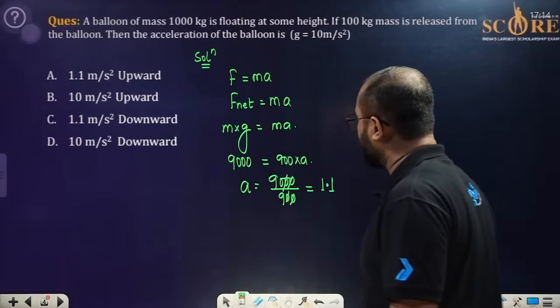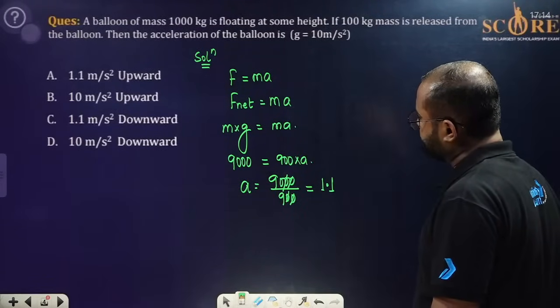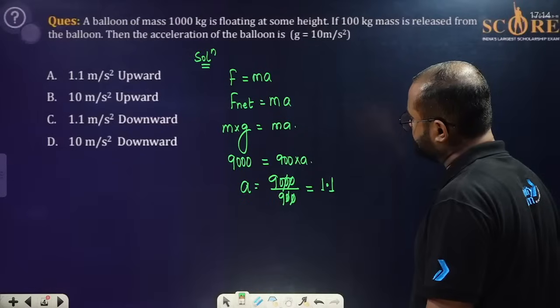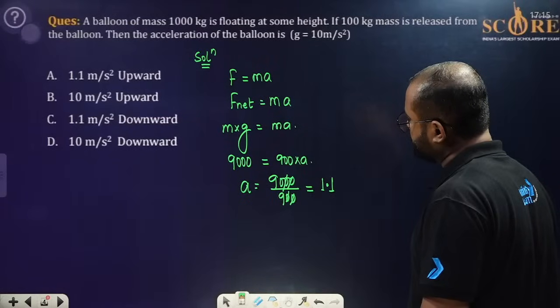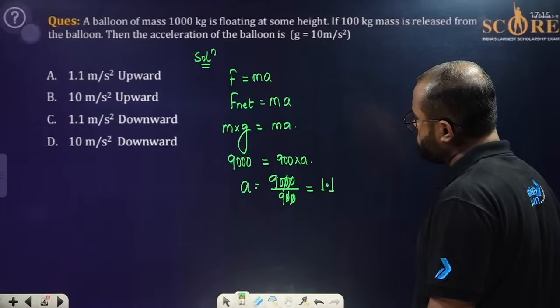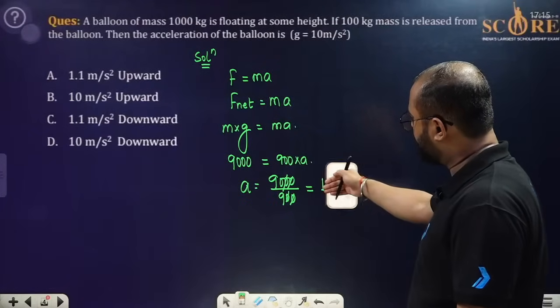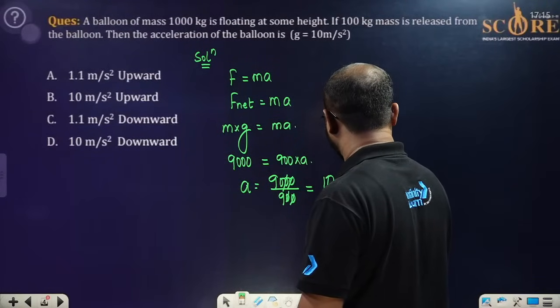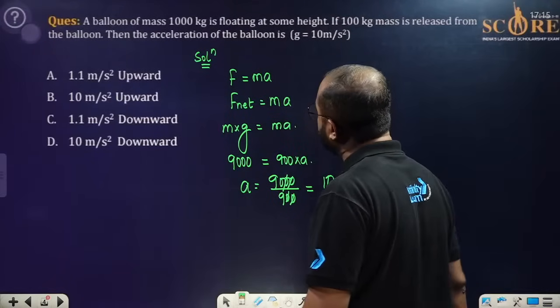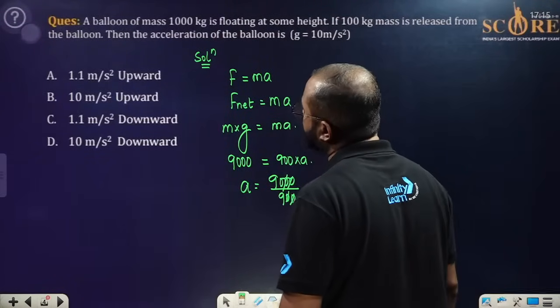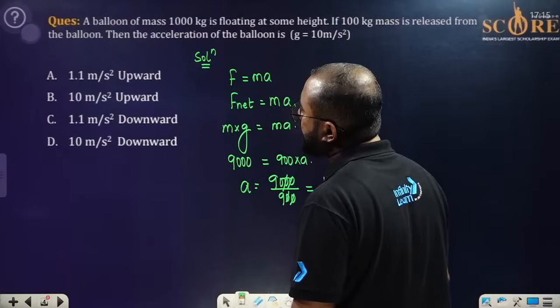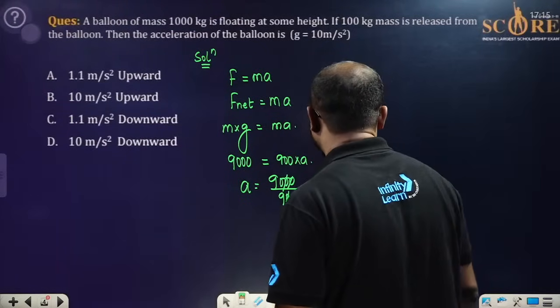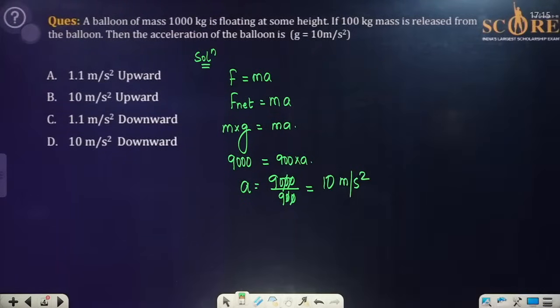No, it is going to be 10 meter per second square. Is there any mistake that I have done over here? 10 meter per second square. What do you believe? Option A.